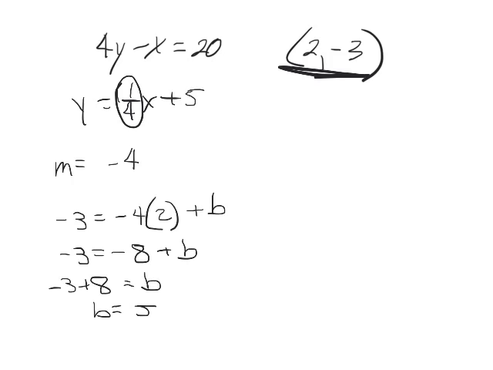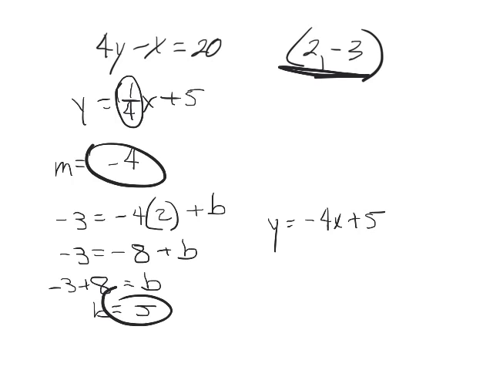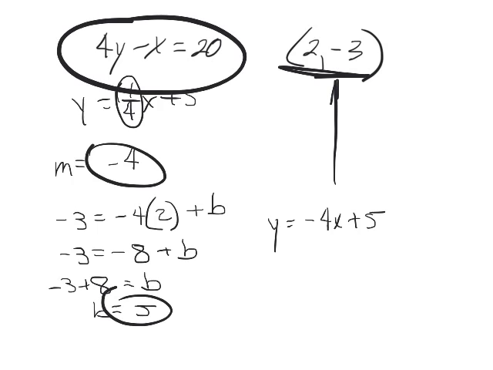So our slope is -4 and our b is 5, so we can write that as y equals -4x plus 5. And that will be the equation that is perpendicular to this equation and goes through that point.